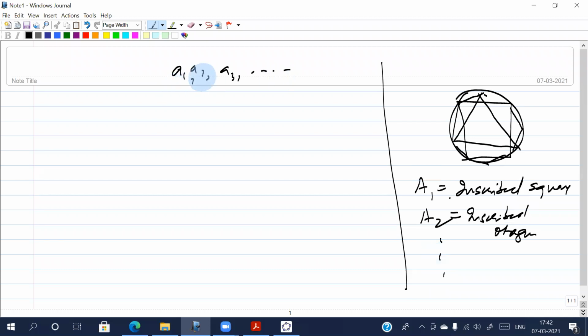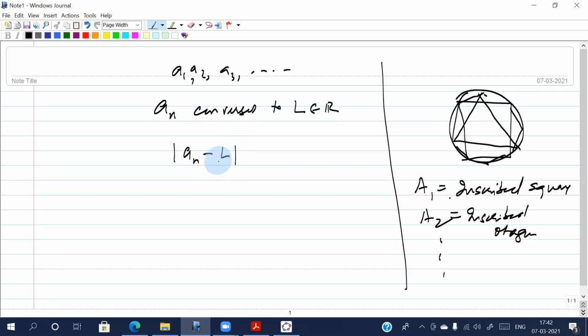So A1, A2, A3, AN is a sequence, and you want to say AN converges to L, a real number. It should come closer to L. How do you measure closeness of points in the real line? By absolute value. AN minus L is how far away AN is from L, and you want this small.